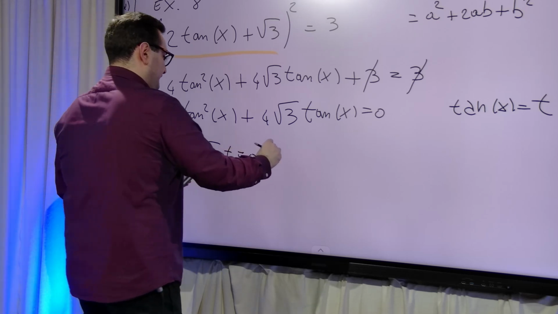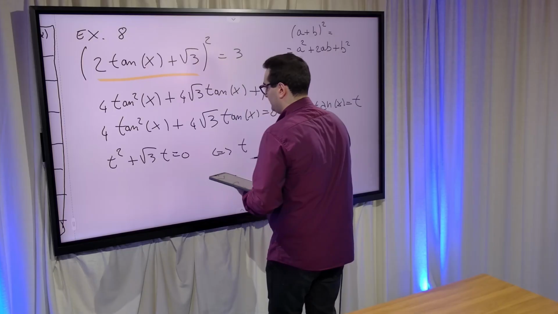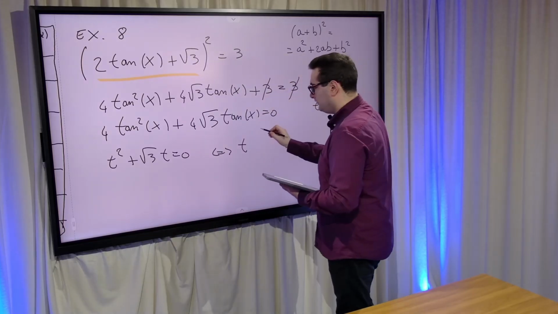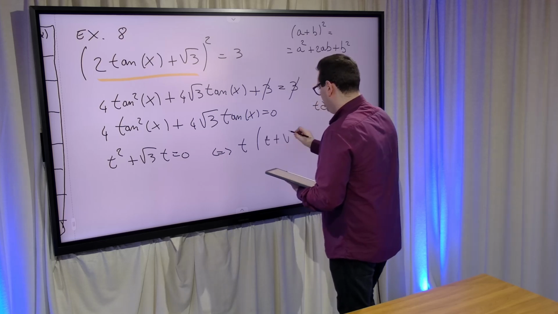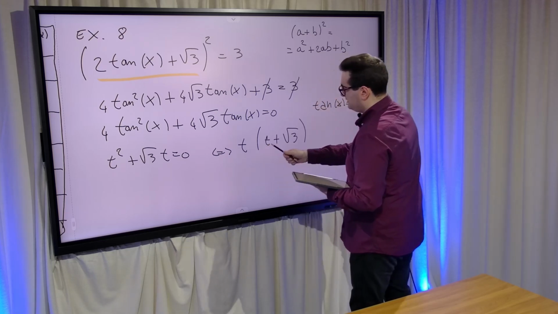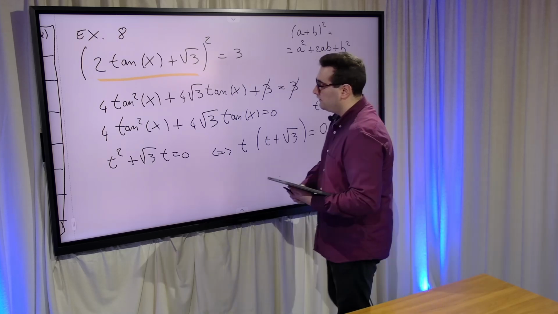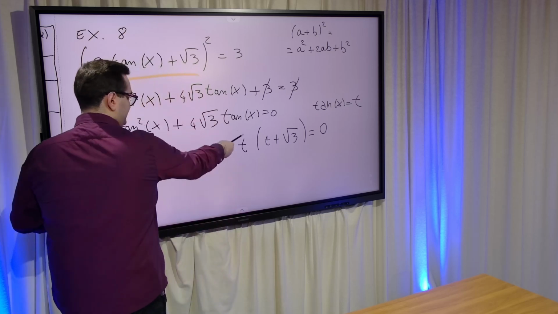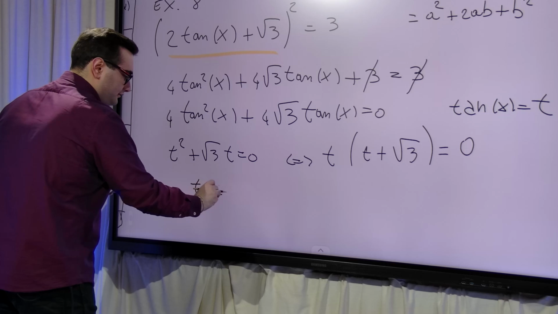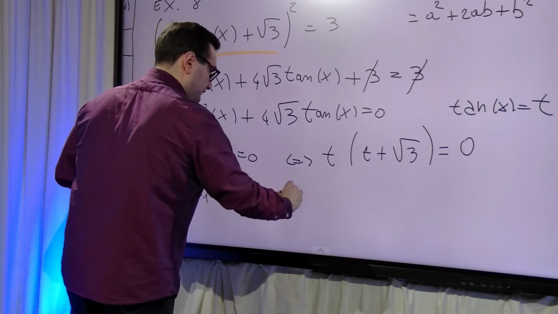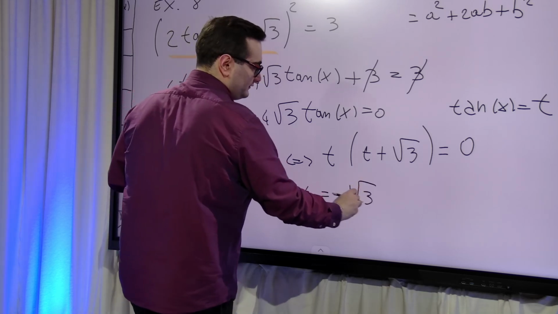So from this one I can group it by t, and I get t times t plus square root of 3 is equal to 0. From this one I can get that t1 is equal to 0 and t2 is equal to minus square root of 3.